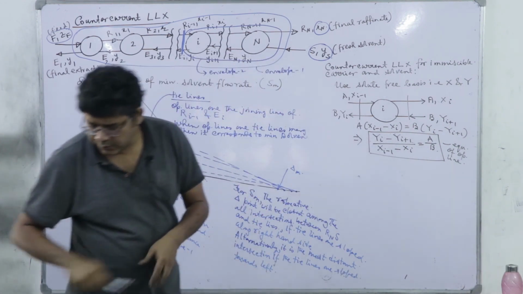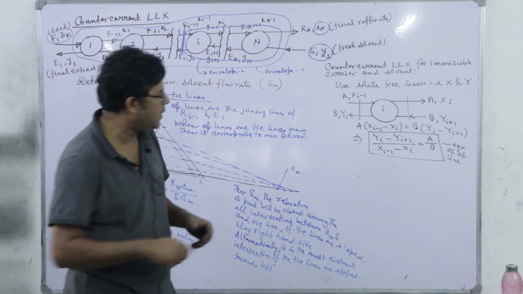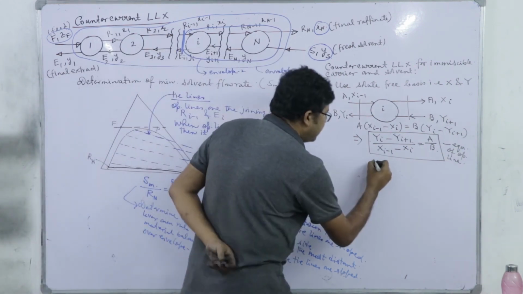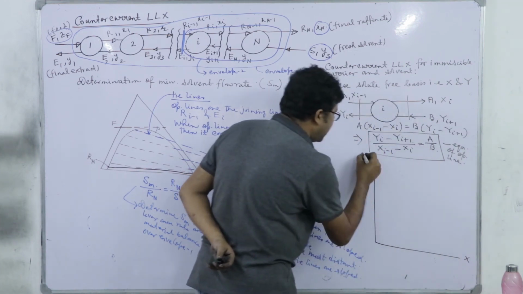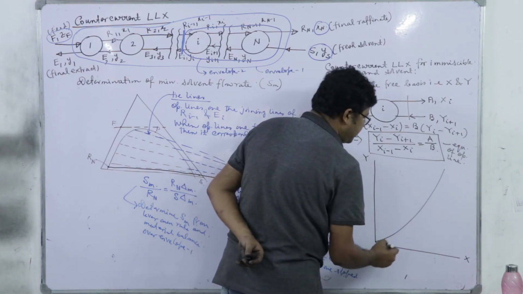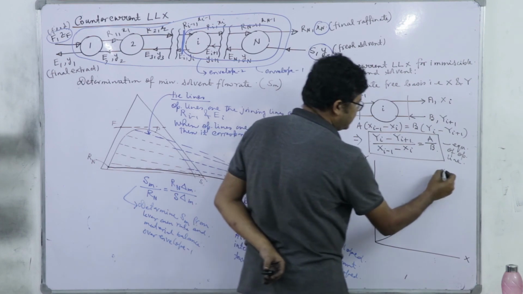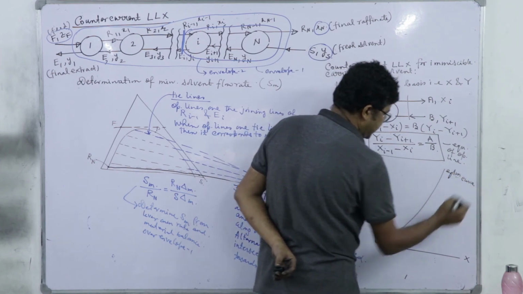So, what we have to do in order to calculate the minimum solvent flow rate or the number of stages? First, we go for generating the equilibrium curve in this capital Y versus capital X space. So, it is equilibrium curve, right.